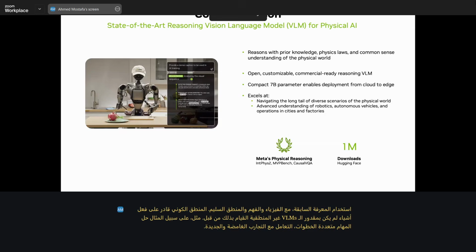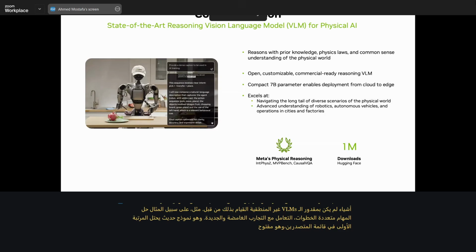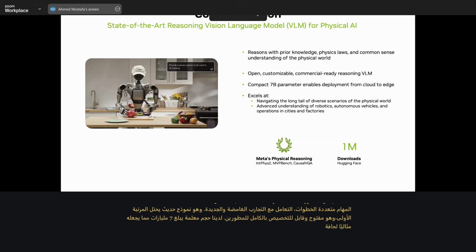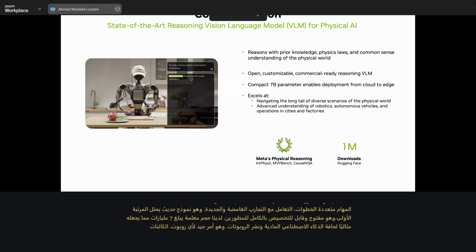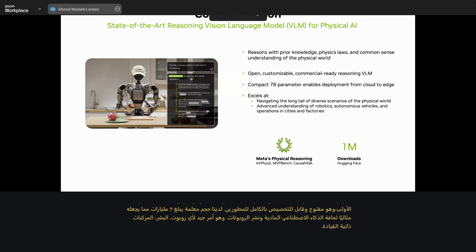It's a state-of-the-art model, topping the leaderboard, and it's open and fully customizable for developers. We have a 7 billion parameter size that makes it perfect for physical AI edge and robotics deployment, and it's good for any robot, humanoids, autonomous vehicles, factories, and cities.